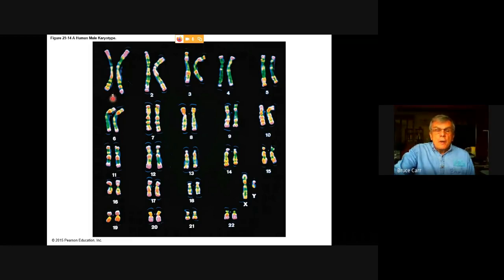So at each number, chromosome number 1 definitely shows 2 homologous chromosomes, and that is true for every pair from 1 through 22. So adding in the X and Y, that's a total of 46, and so this is a normal human chromosome complement.